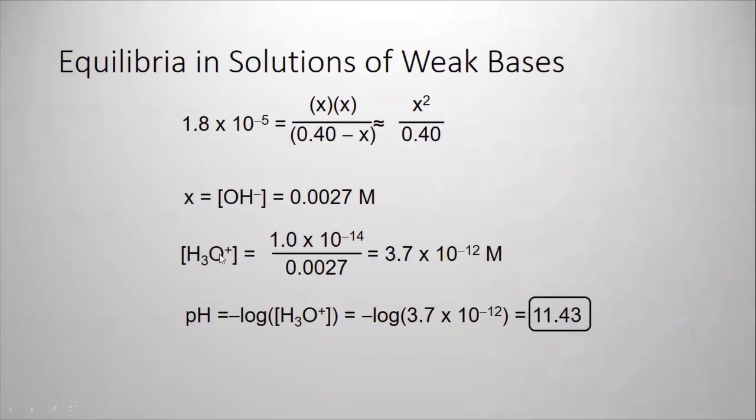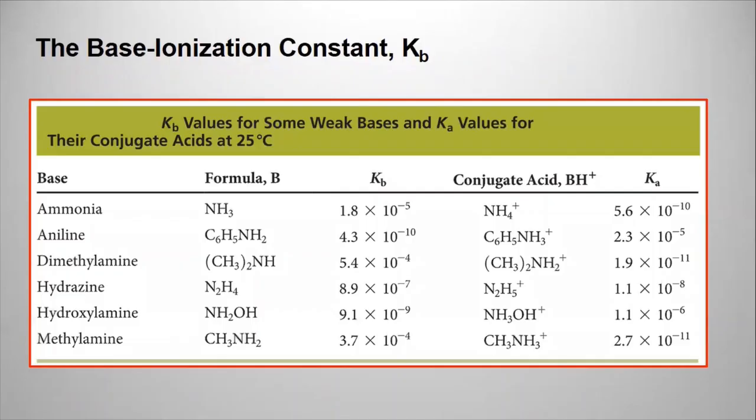If you determine the hydronium ion from the hydroxyl ion, and then take minus log the hydronium ion, that will be the pH, 11.43. So this is all the calculation in this chapter. And as I said, it depends on what substance you're dealing with: strong acid, weak acid, strong base, weak base.